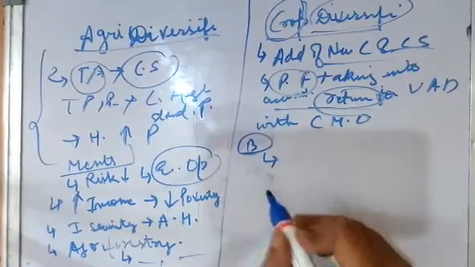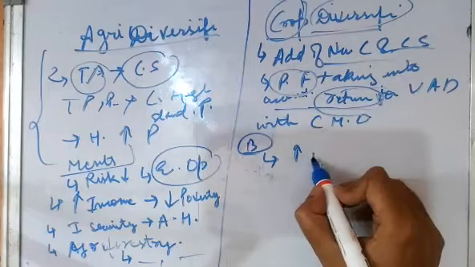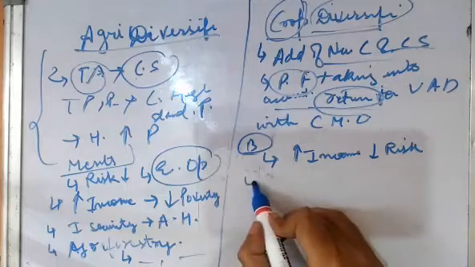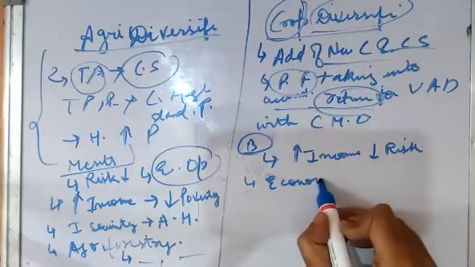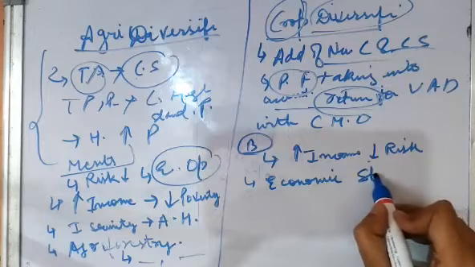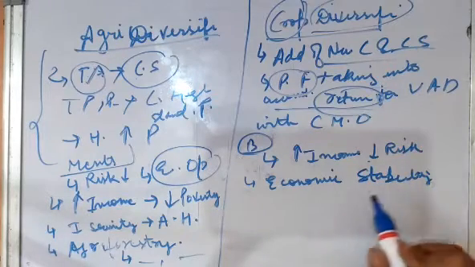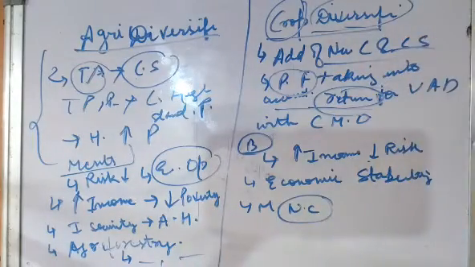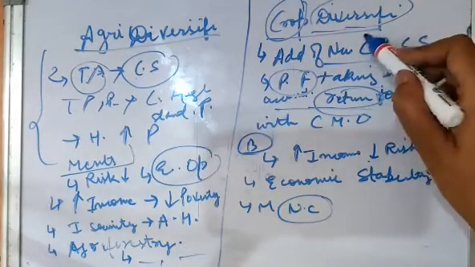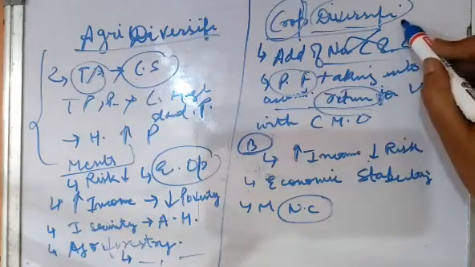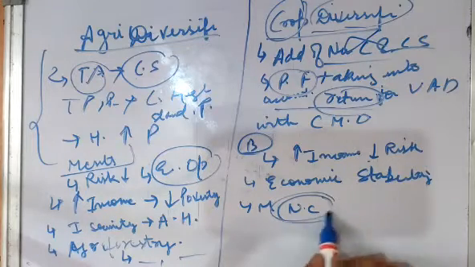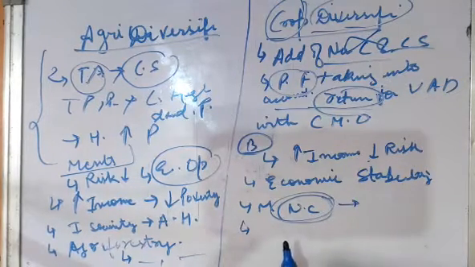And when you look at its benefits, it increases, of course, income, reduces risk, provides economic stability, mitigates natural calamity. Suppose in crop diversification we have added a drought tolerant crop. If drought happens and the traditional or conventional crops die, that drought tolerant crop will survive, and it mitigates natural calamities and reduces risk.